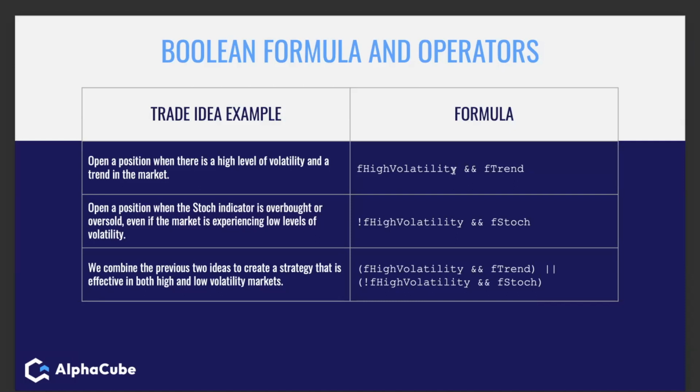You can combine high volatility and uptrend with a logical AND, or you can add a logical NOT and make it the absolute opposite, so your filter will work on the other side. And you can combine brackets with other logical operators, whatever you want. This approach is very easy for a human, and it's very easy for a machine to generate such formulas. Later in the slides, I will show you examples of how our technology can generate such strategies.